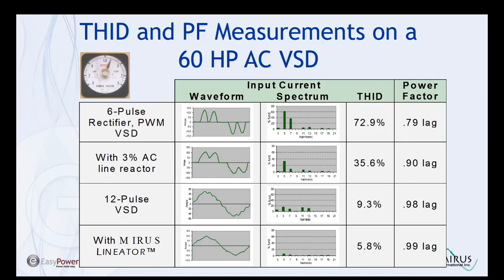This improves the power factor to 0.99. So we can see from these that the true power factor is determined by the harmonic component of the variable speed drive and not the inductive or capacitive components of the variable speed drive. Those components are essentially unity.